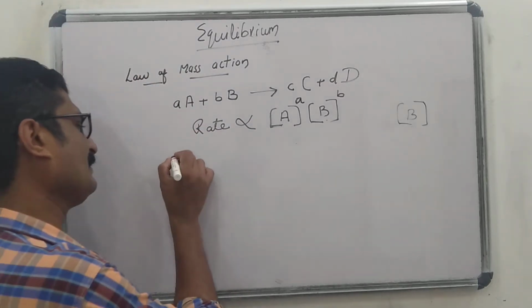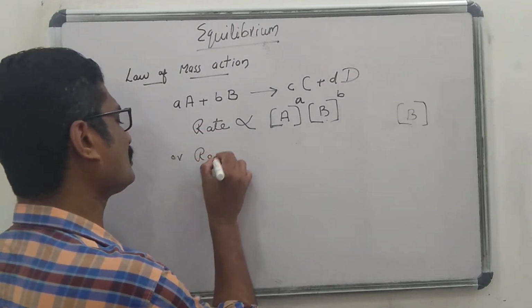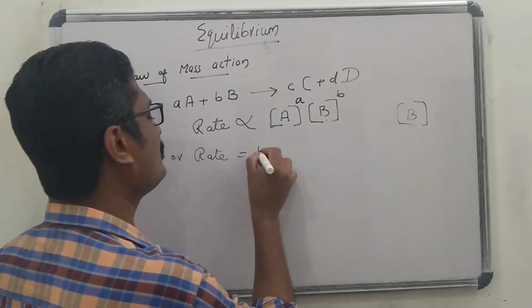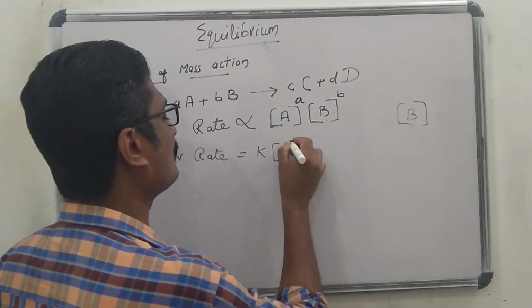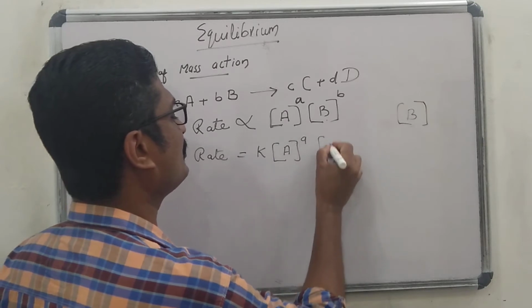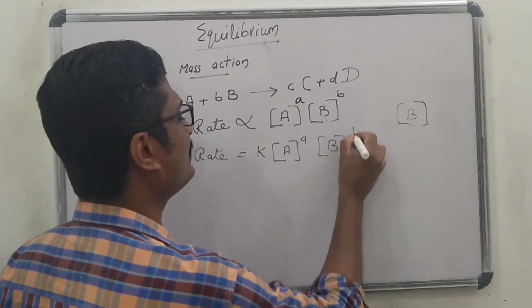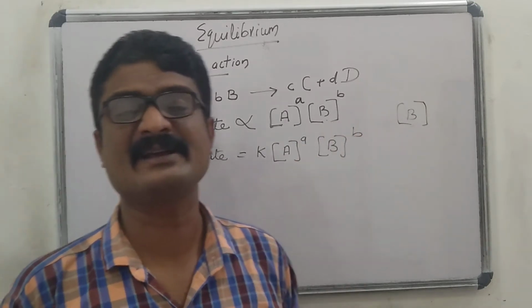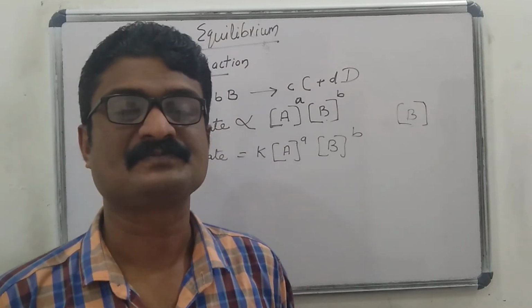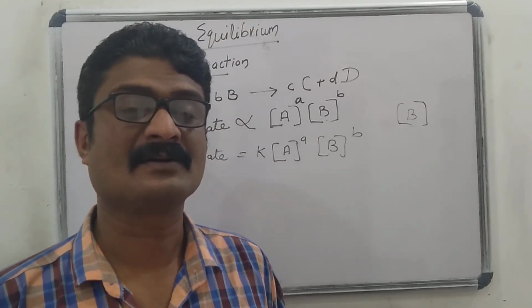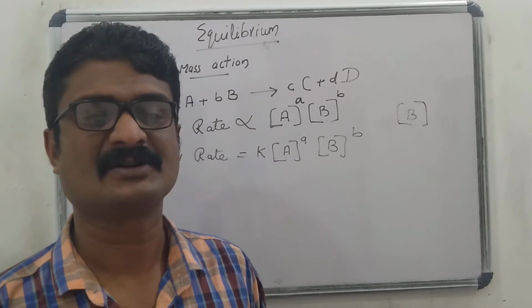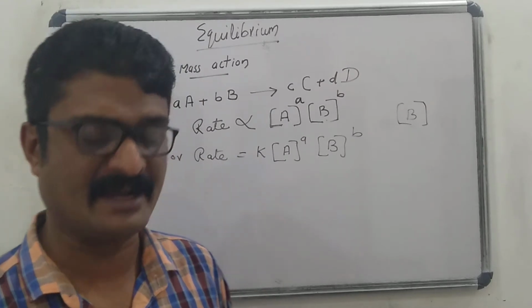Or here rate is equal to K into molar concentration of A raised to a into molar concentration of B raised to b. Here K is a constant called rate constant of a chemical reaction.